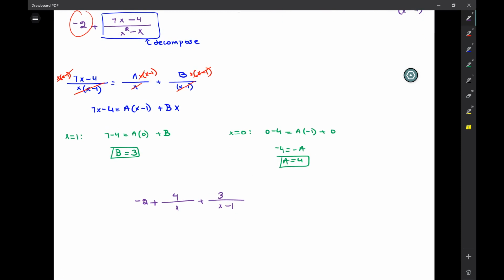It's normally put at the beginning. It's convention, but there's no rule against it. Be careful that you match the value for a with the fraction that you used a for. So don't put the a for the x minus 1 and vice versa.